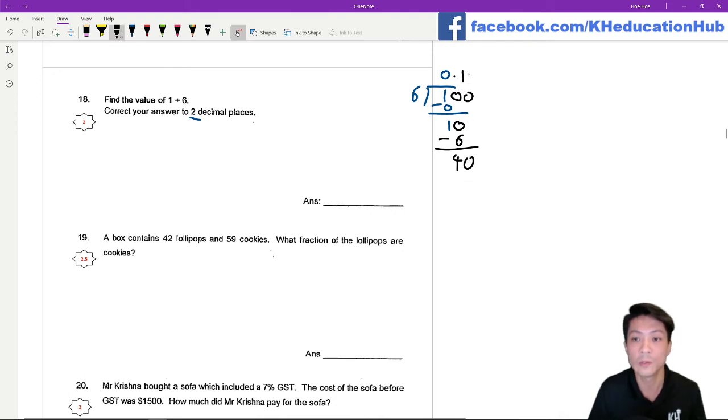Bring down the 0. This would be 6 times 6, which will give me 36. And then you realize that you'll be repeating over and over again. Minus 36. Okay, but since they want us to round off to 2 decimal places, then we just need to divide until we get 3 decimals. So when you round it off, you will get 0.17.